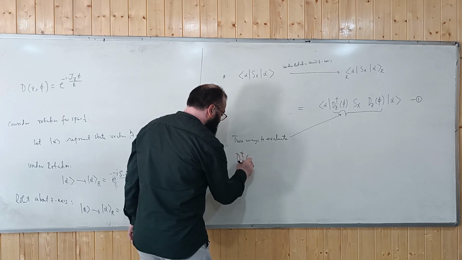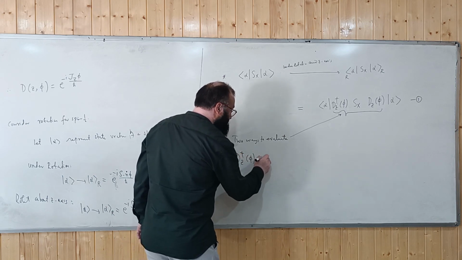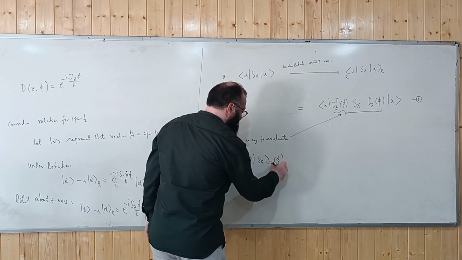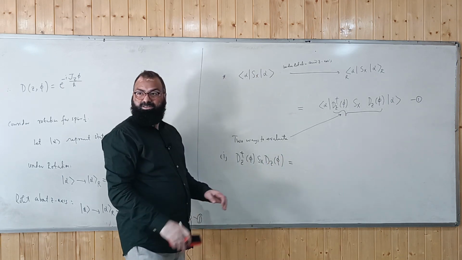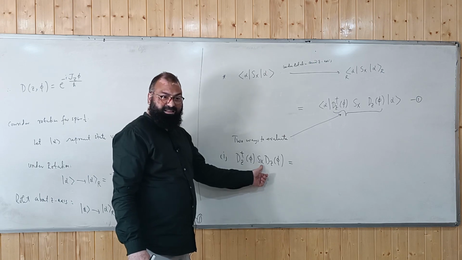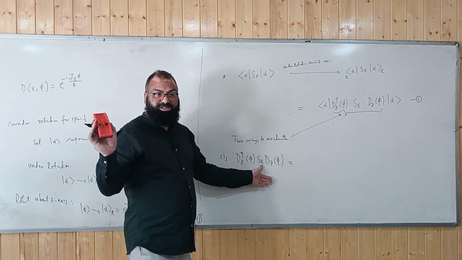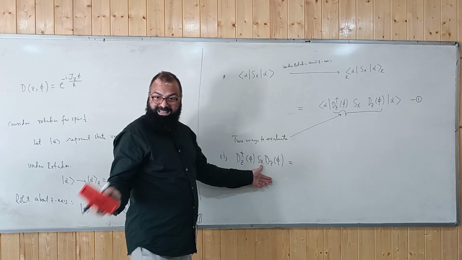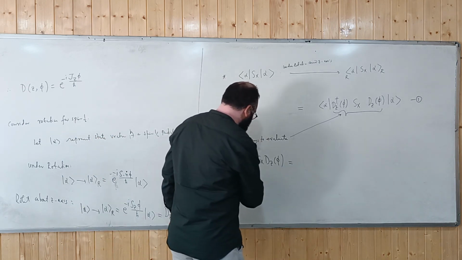So first, let's write Dz dagger of phi, Sx, Dz of phi. What is the form of Sx in this representation?